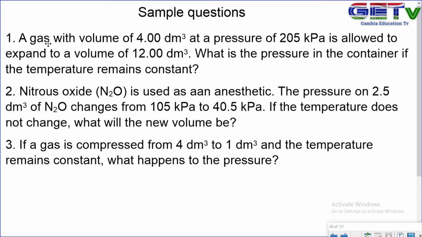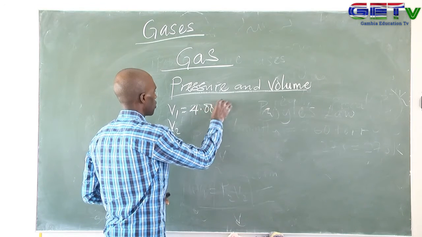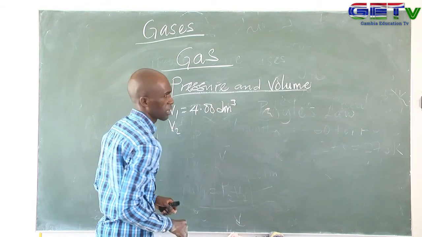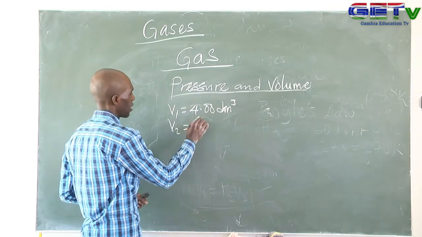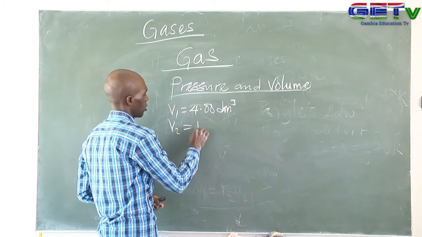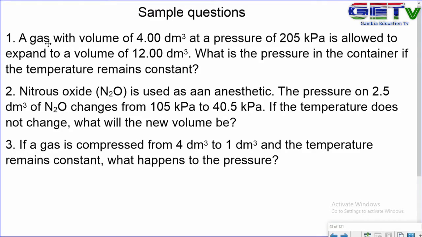The initial volume is given as 4.00 cubic decimeter, and then the final volume is given as 12.0 cubic decimeter. And then the initial pressure is given as 205 kilopascal. And the question is, calculate the final pressure at constant temperature.